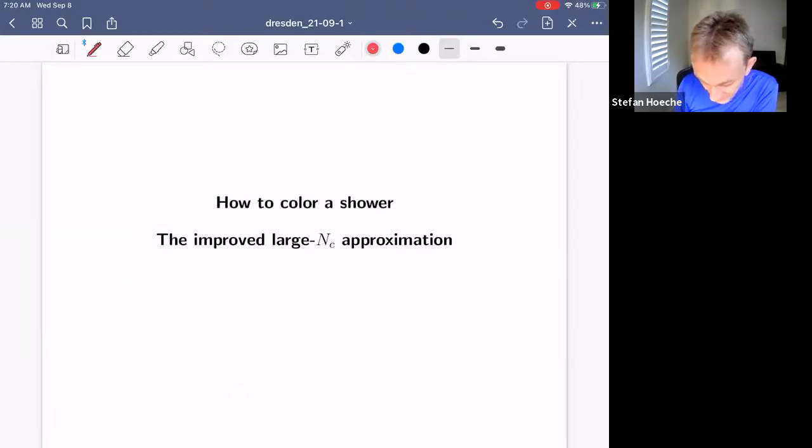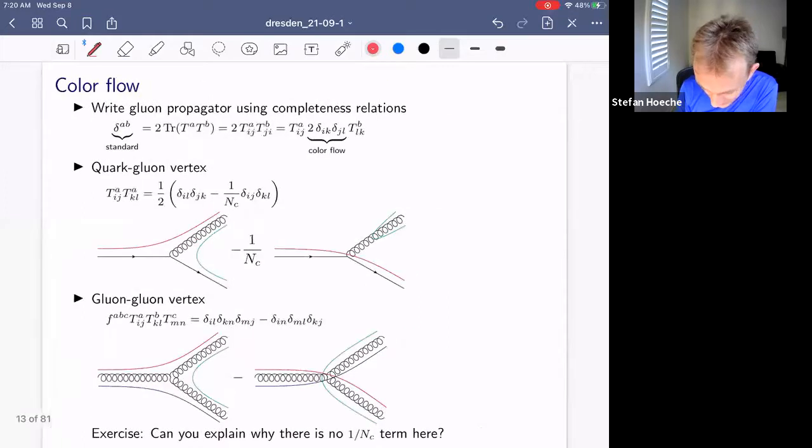Okay, the next point will be, again, from the heuristic point of view, how to color a Parton shower. So let's discuss the improved large N_c approximation. Something that's very useful that we always do, essentially always in the Parton shower world, is we use the color flow representation. What does that mean?